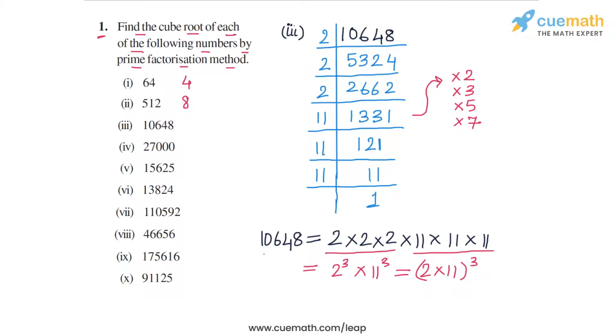And from here we can write the cube root of 10,648 easily. It will be the number inside the bracket, which is 2 into 11, or 22. So the cube root of 10,648 is 22. This is the answer for part 3.